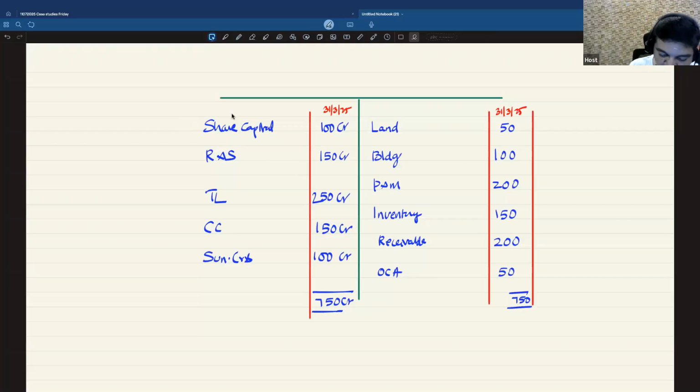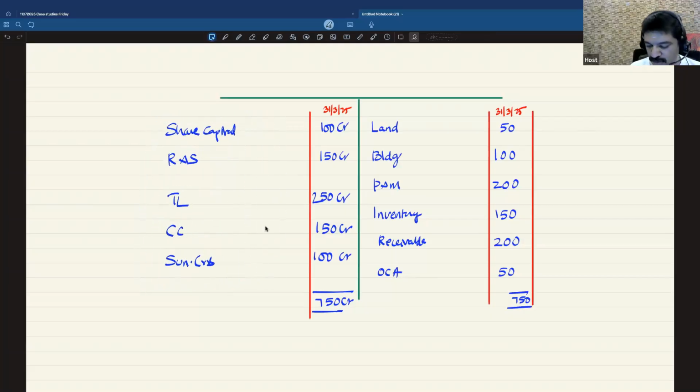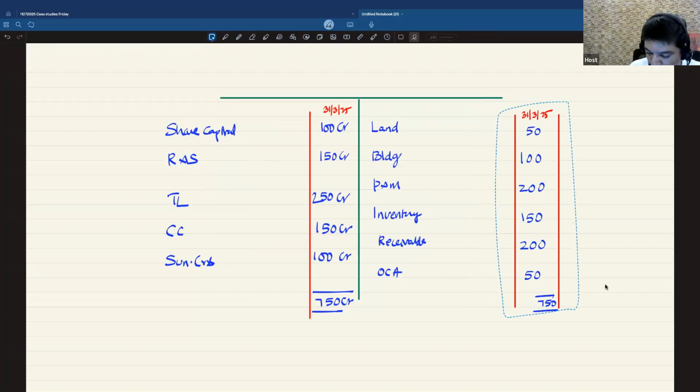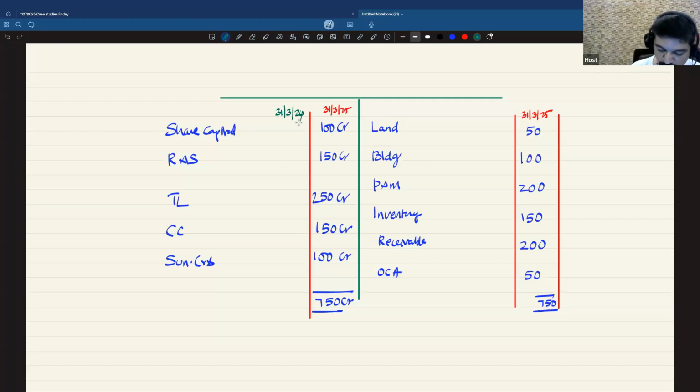But if you have some more additional information, you will be able to make a deeper analysis. What is that additional information? Let's say you have the previous year information, that is as at 31st March 2024.